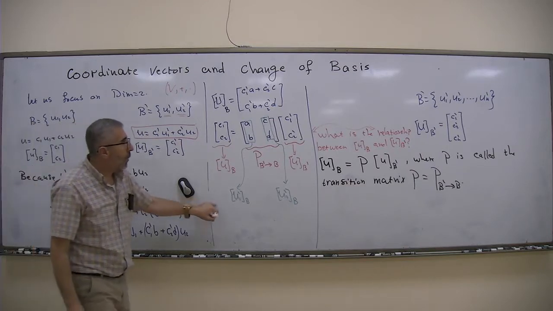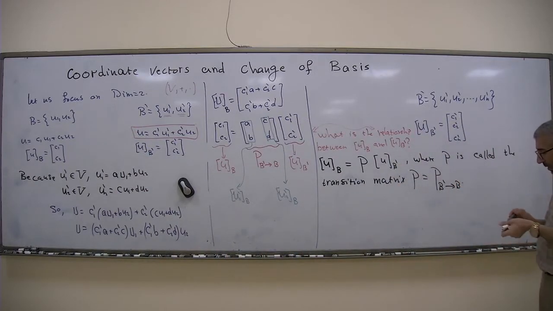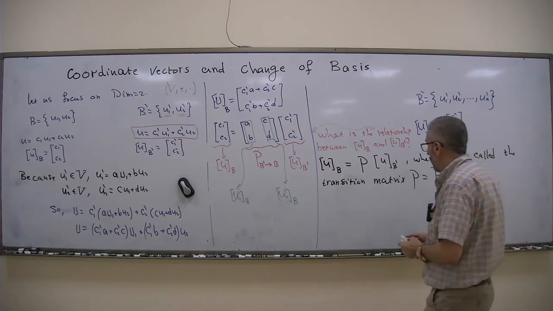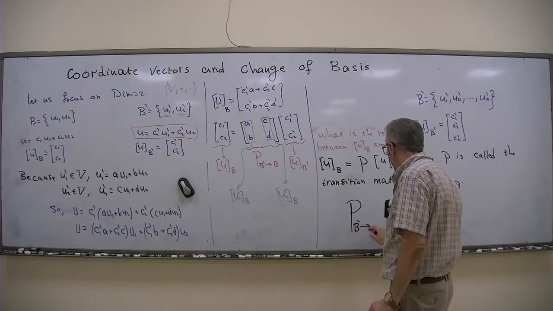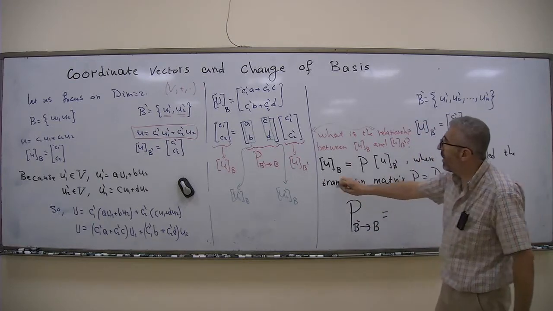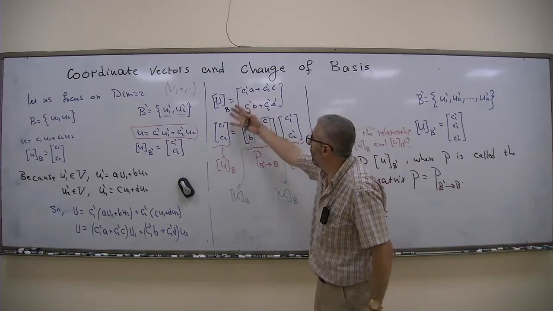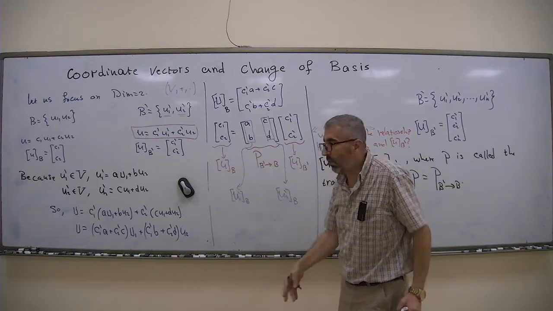So now we understand the structure of this matrix. The structure of this matrix, from B prime to B, is, if I want to write this in general now, this is dimension 2, but you can do the same thing for dimension 3, dimension 4, dimension n.